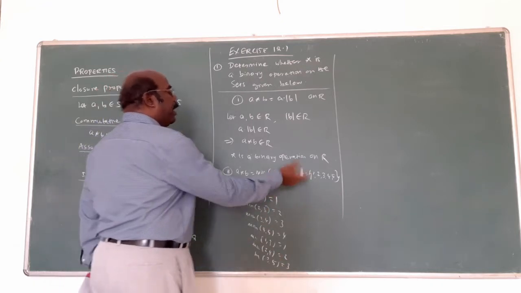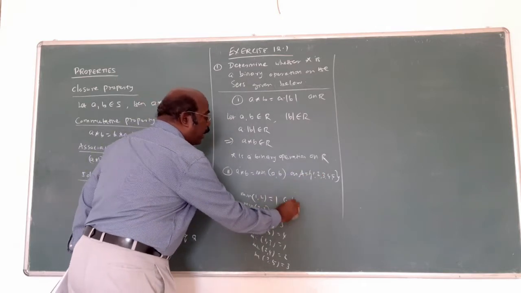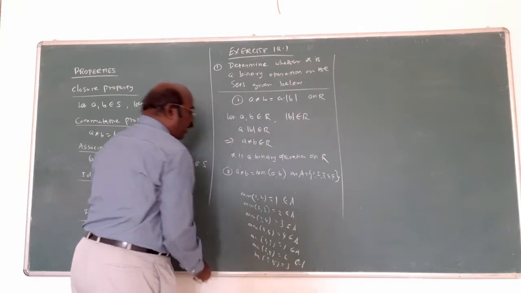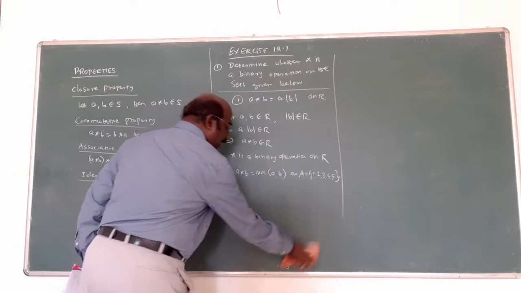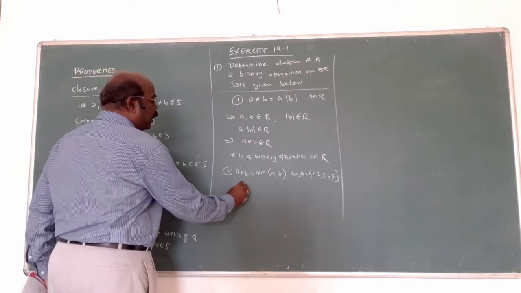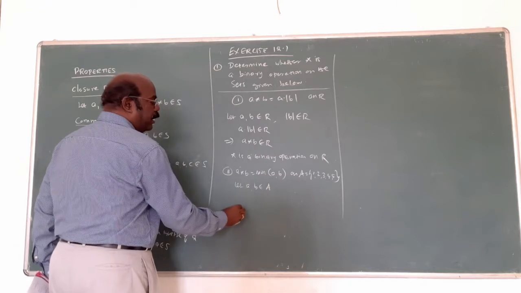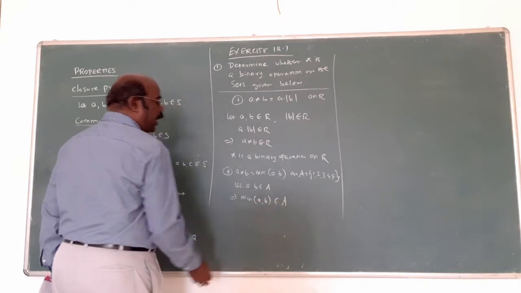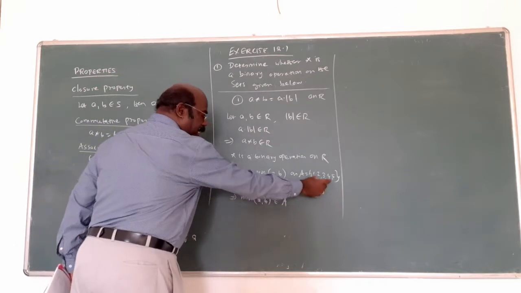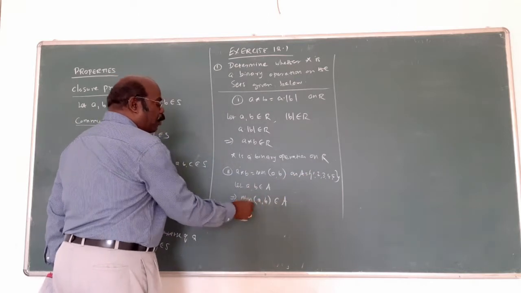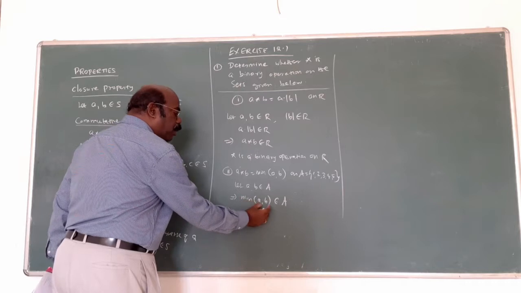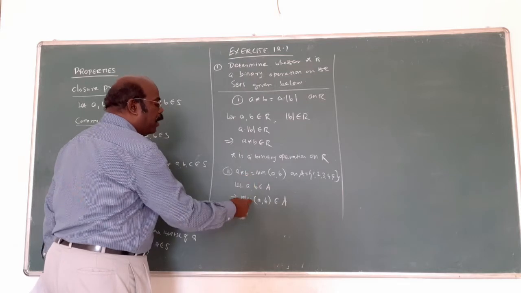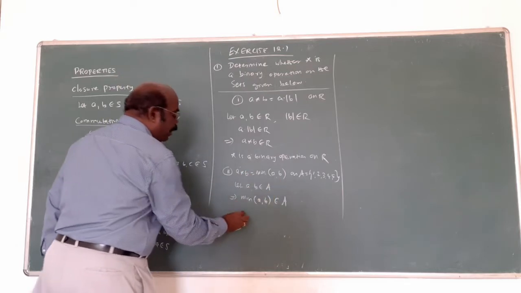In this way, you take any elements, and the minimum number also belongs to A. All belong to A. That's why it is closed. In general, A, B belongs to capital A, then minimum of A, B also belongs to A. You take any two elements and get one element, the minimum of the two, which also belongs to A. What is the reason?